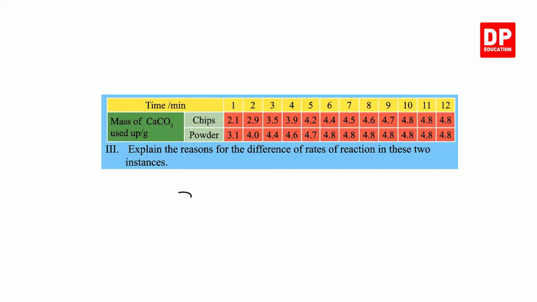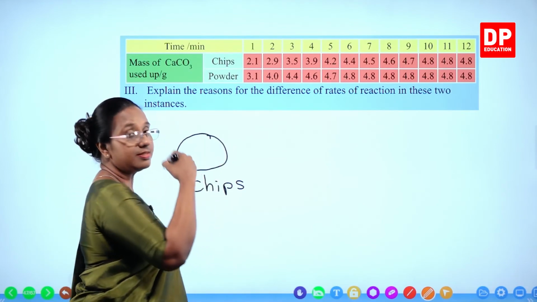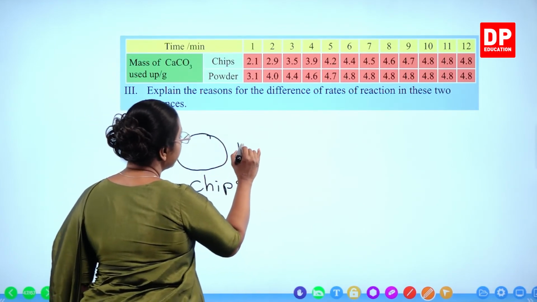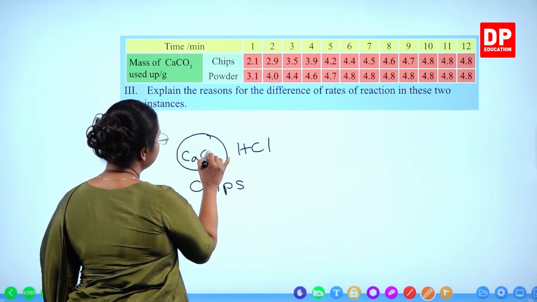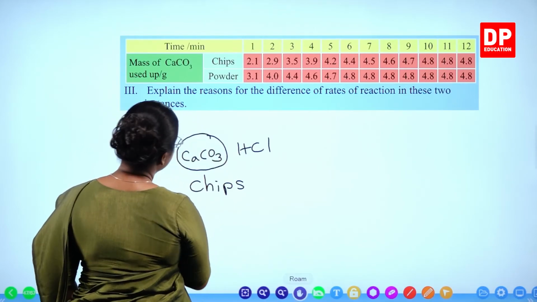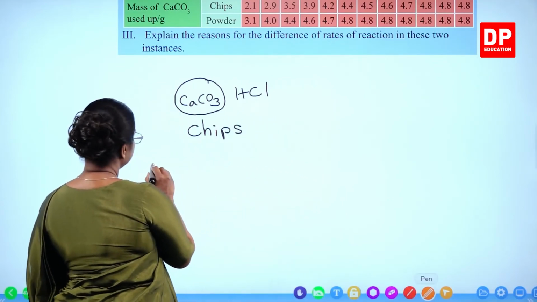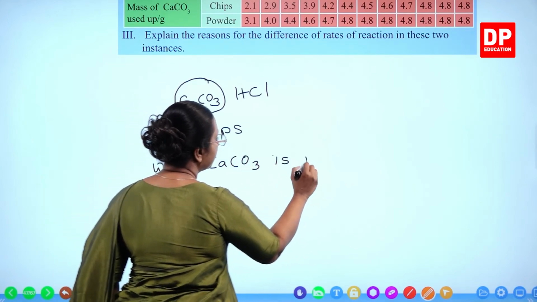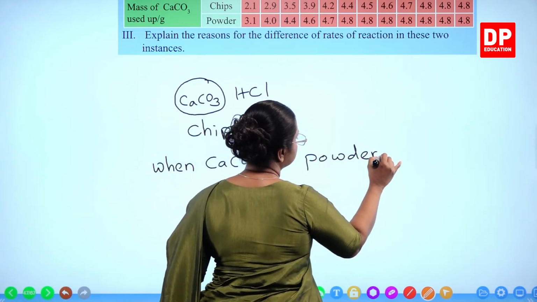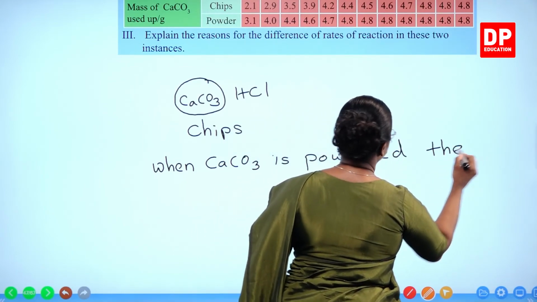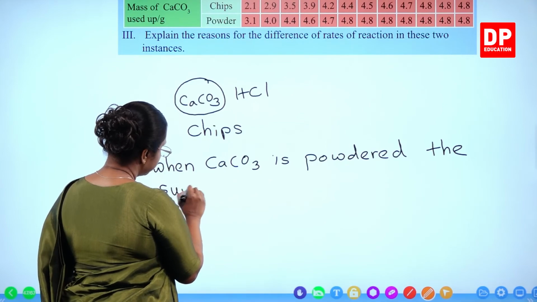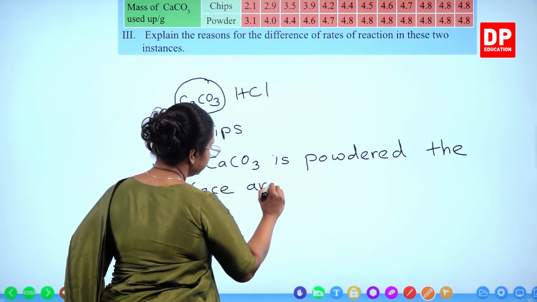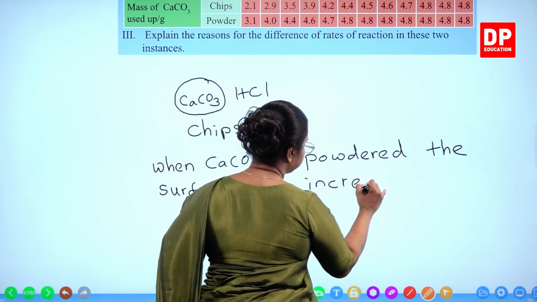So if you want, you can show it in a diagrammatic form, chips. So if you have chips, only the particles on the surface are in contact with HCl. So these are in contact with HCl. This is calcium carbonate. So here we can say, when calcium carbonate is powdered, the surface area increases.